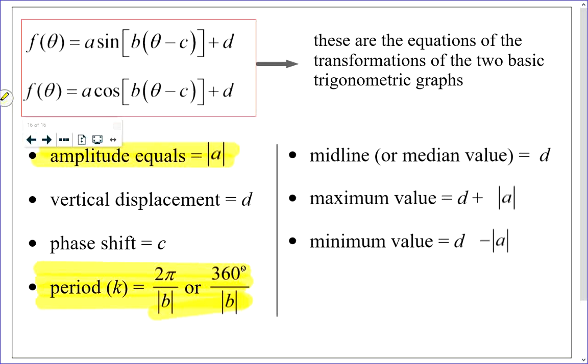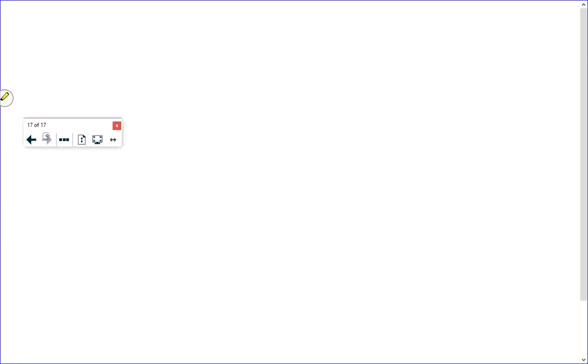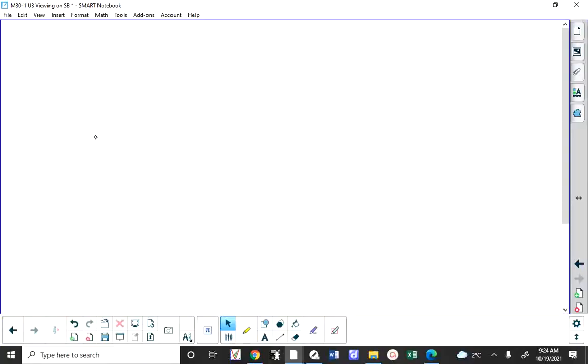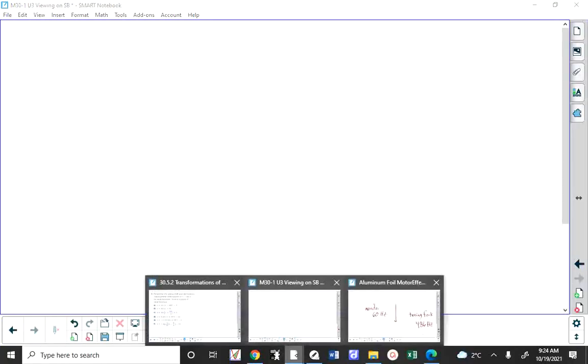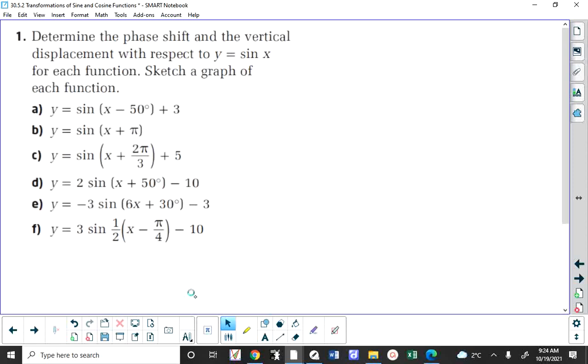If you stop and think about this, I'm going to use an example to illustrate this. If we take a look now at your homework assignment or the practice problems that you were given, I'm just going to pick on 1F, just because. Forget about the fact that there is a horizontal displacement here, or a phase shift.